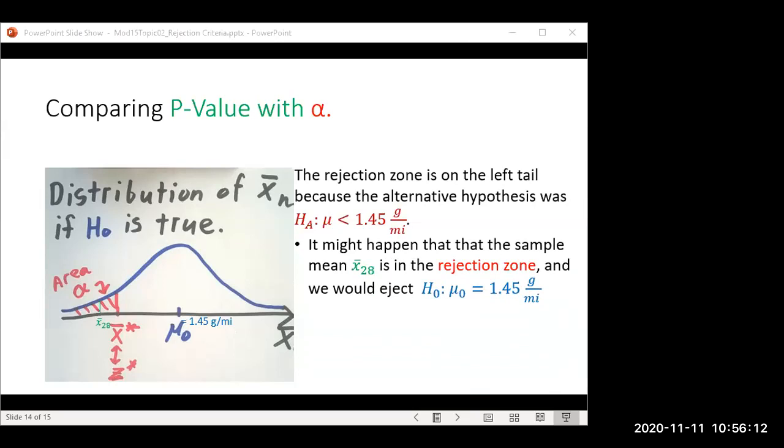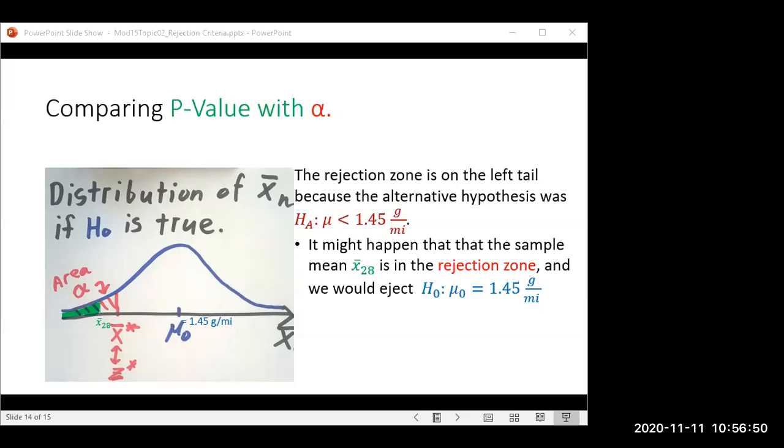The p-value is the probability that you would get such a small sample mean, like if the null hypothesis was true, then what's the probability we would be so far off to the left as we, in fact, were?